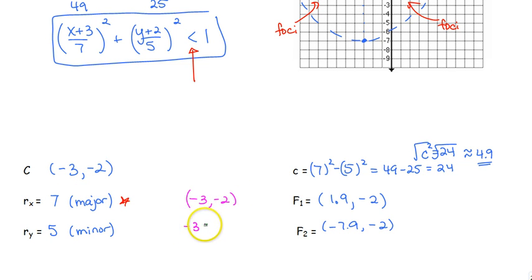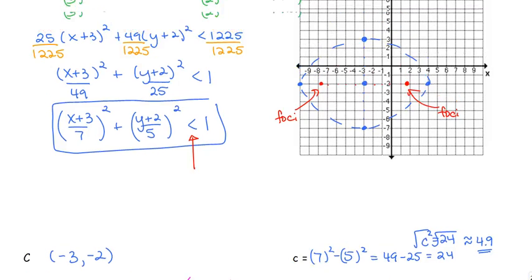We have that -3, we're going to add 4.9. We get that 1.9, which shows up there. Take that -3, subtract 4.9. You get the -7.9 seen there. Since this time it was on the major axis, we add to and subtract from the x because that's the major. If y was the major, we would do it to the y coordinate. In this case, it was the x.